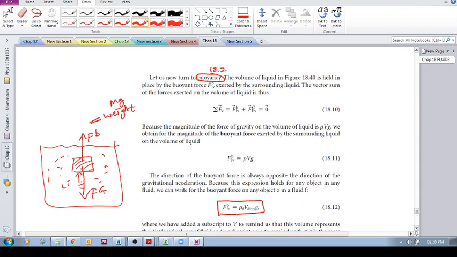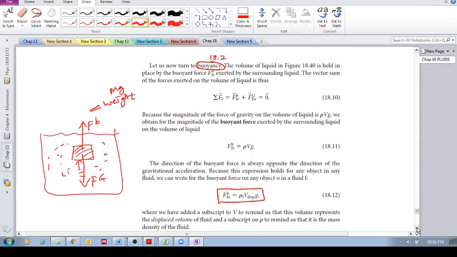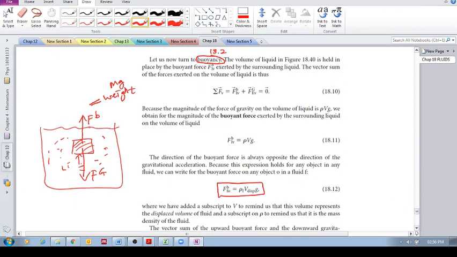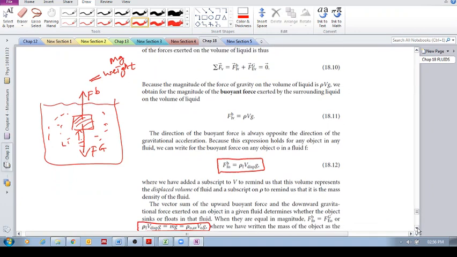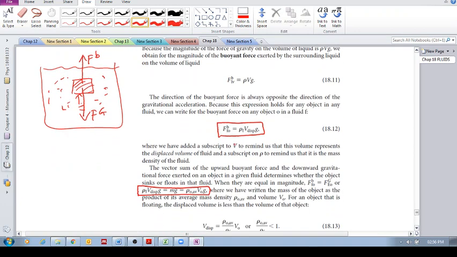And then the downward force is the force of gravity. Now the question is, how do we know when this object will float, whether it will sink, whether it will move up or down? Let us assume that the upward buoyancy force and the downward gravitational force are equal.